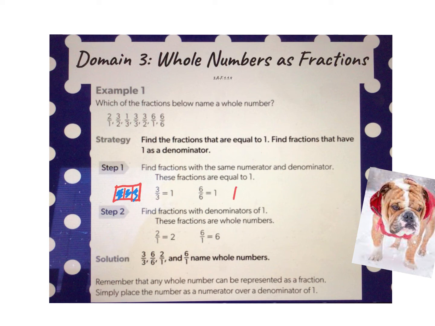Same thing if we would break that off into 6. There are my 6 parts, and if all 6 parts are shaded in, 1, 2, 3, 4, 5, 6, I would still have 1 whole shape. Okay, so I know that 3/3 and 6/6 do equal 1. So I'm looking for other fractions that equal a whole number as well.